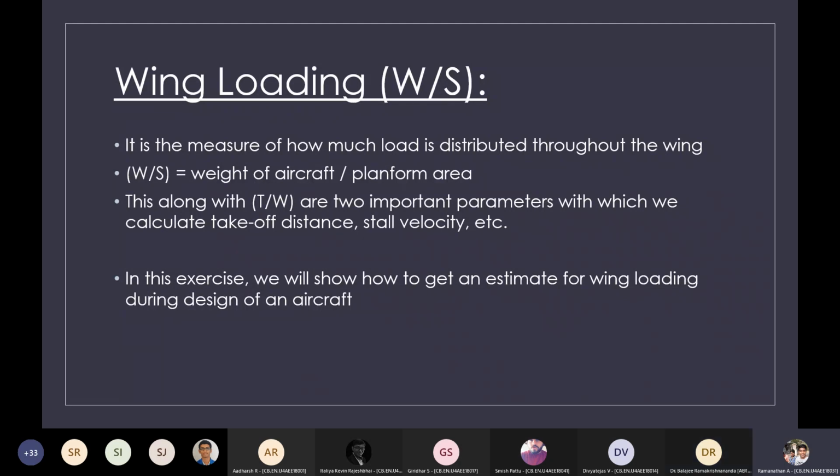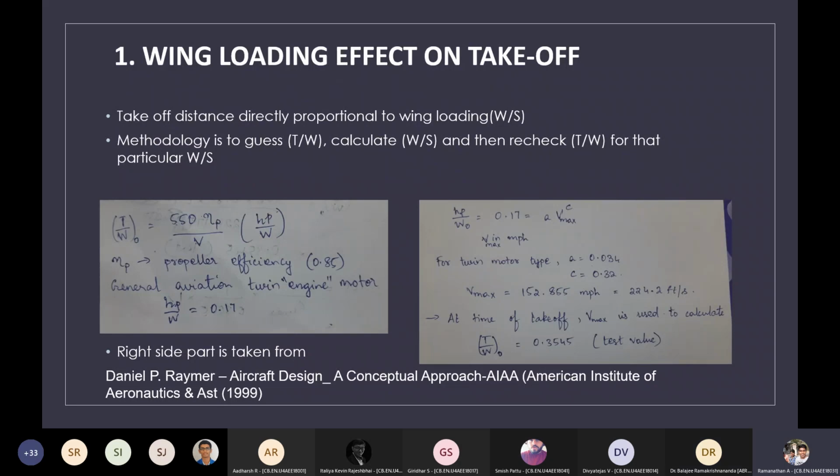First is the same as what CB has done. It is for takeoff, but the main difference is we are using propeller type engine. So for us, it will be in terms of HP by W. In practice, they say power loading, which is W by HP, but we take HP by W, which is almost related to T by W. From Raymer book, for twin motor aircraft, HP by W comes out to be 0.17.